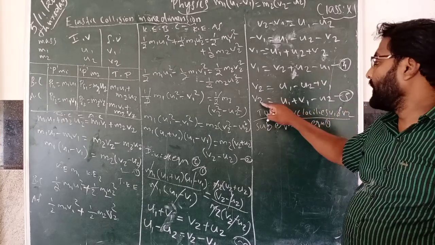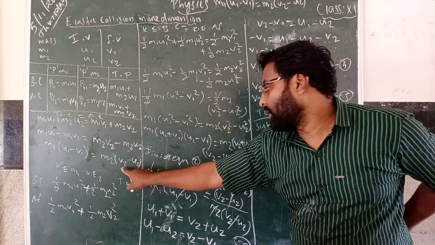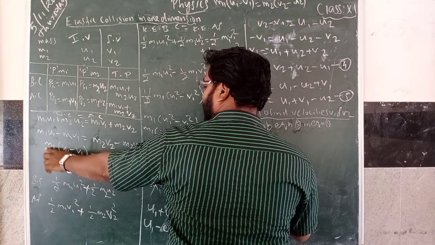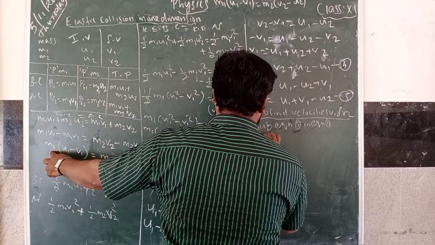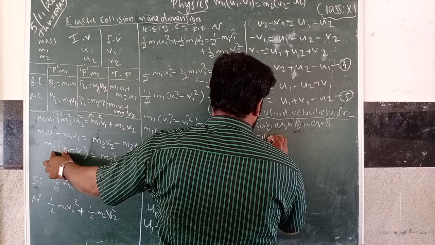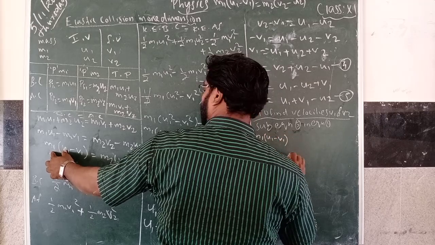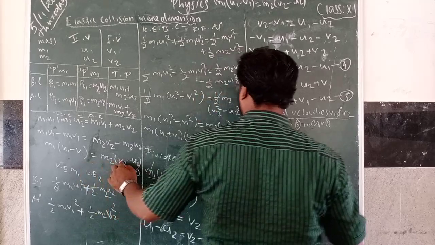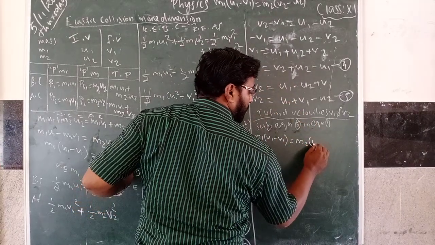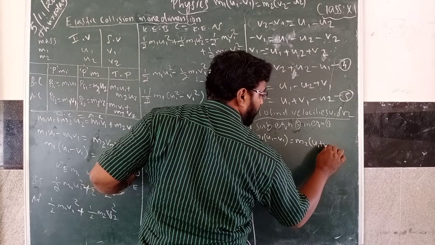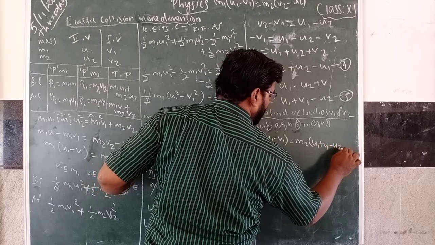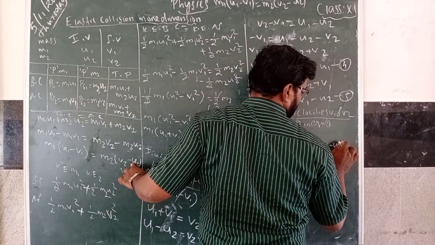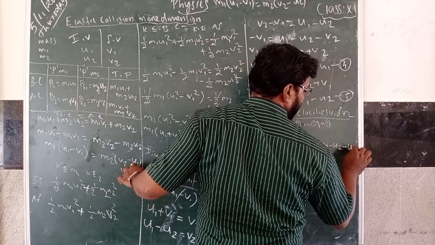First substitute this v2 value in equation 1, in this place of v2. So what will come? You see this equation: m1 into u1 minus v1 equal to m2 into v2, and v2 means this value, u1 plus v1 minus u2, minus u2.